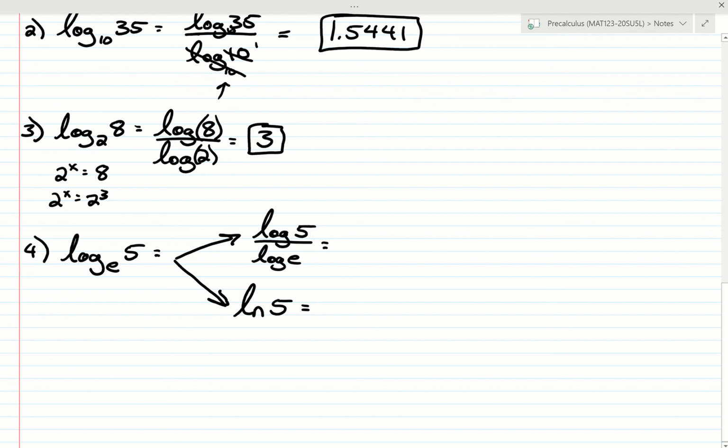So it's a little bit faster just to type in ln, and that's what you should do. So the natural log of 5 is just 1.6094. But you also get the same answer if you type in log 5 divided by log of e. Now some of your calculators might say e to a power. You just put the power as 1. And you do get, of course, the same exact answer.